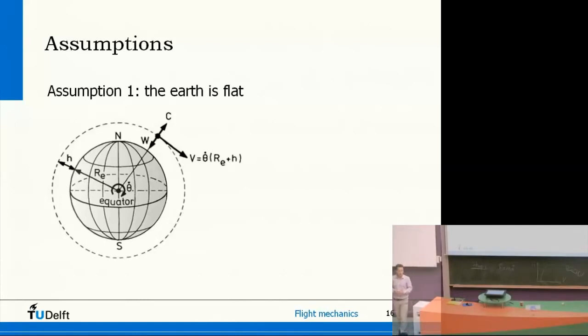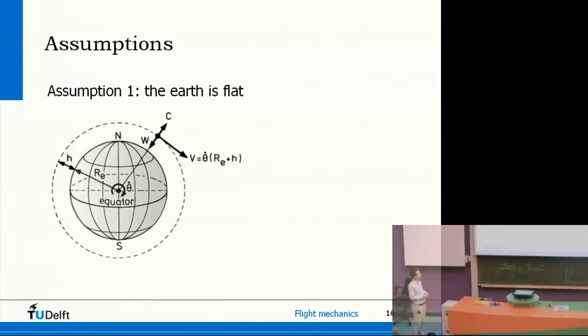Now, in order to achieve a circular motion, you need a centrifugal force. And what I'm going to assume is that the Earth is flat. And just a little calculation to show you that that is relevant.